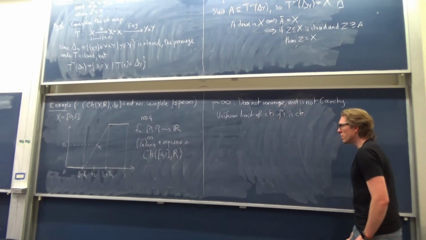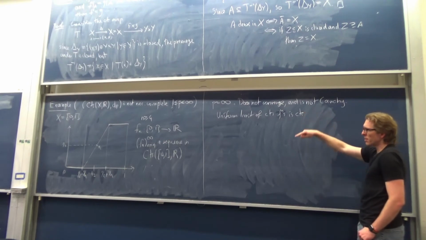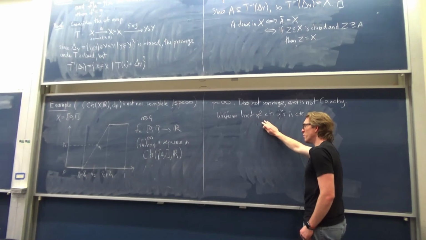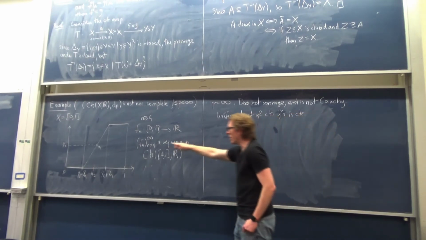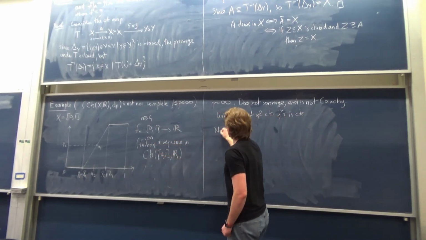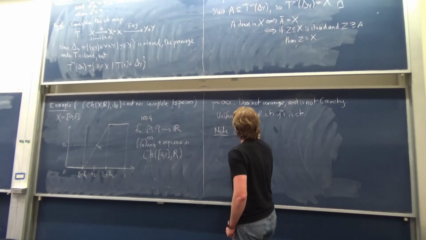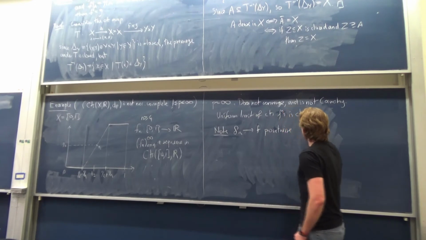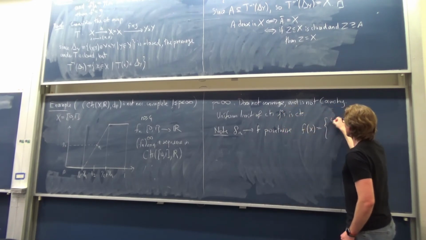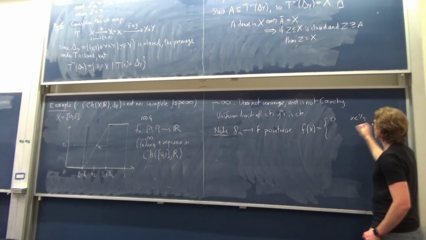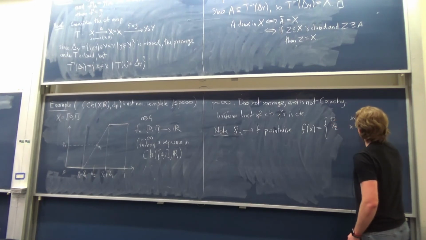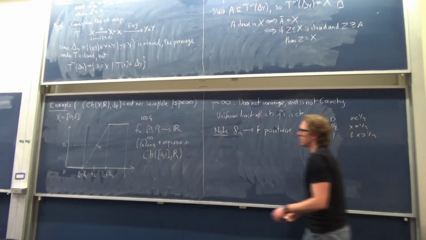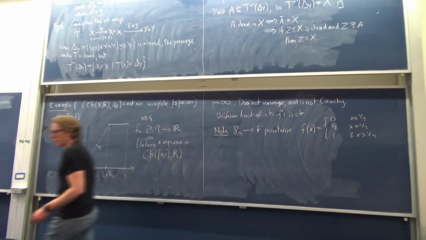All the fn's are continuous, so if this converged, it would be to a continuous function, but then uniform convergence also implies pointwise convergence, and pointwise, these things converge to the discontinuous function f of x, which is 0 for x less than a half, when x is equal to a half, and 1 if x is greater than a half.